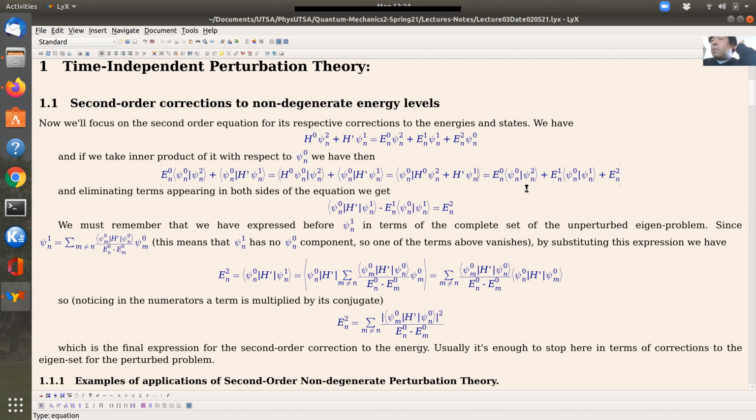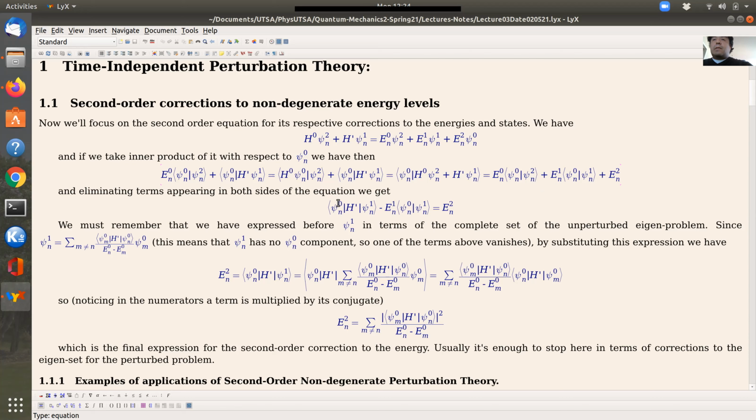At this point, I have no knowledge of what psi 2n is, because that is the second order correction to the wave function, and so far I haven't calculated it. If you remember, I did the calculation for the first order correction to the wave function. So it's convenient that it disappears, and I still have this term.